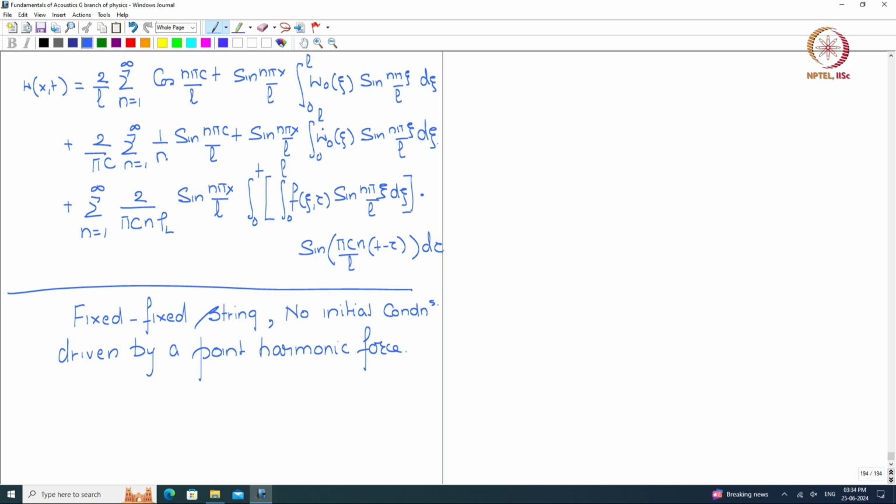I suppose the fixed string, fixed at two ends, is driven somewhere by a harmonic force at x equal to x0, and the initial condition effect is over. So we are looking at a steady state harmonic response. By fixed we mean the boundary conditions are homogeneous boundary conditions.